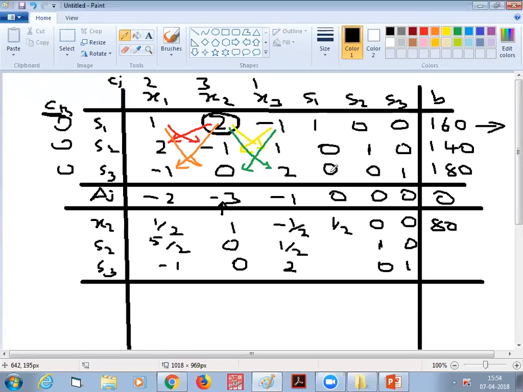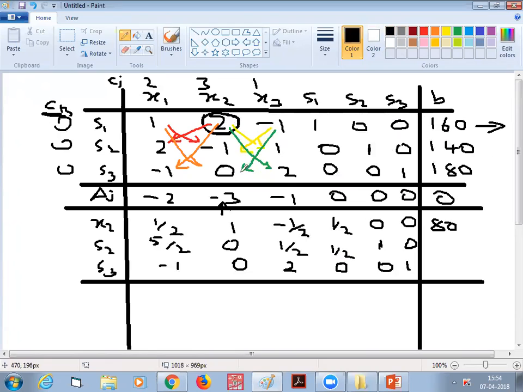Now the rest, do I need to still draw arrows or can I just write down the rest? Okay, next one is 2 into 0 minus 1 into 1. So that's minus 1 by 2. And last one is 2 into 0 minus 1 into 0. So just 0. Last column, 2 into 140 minus 1 into 160.